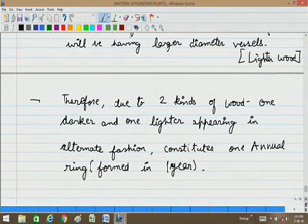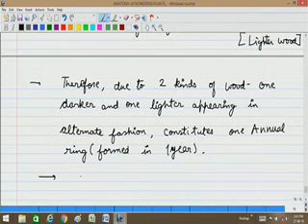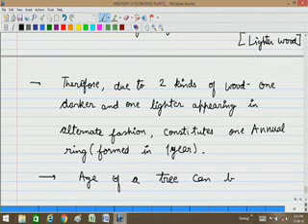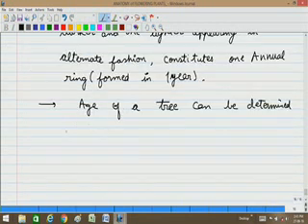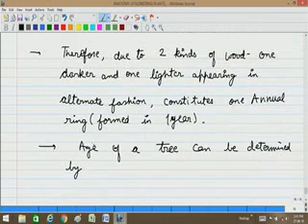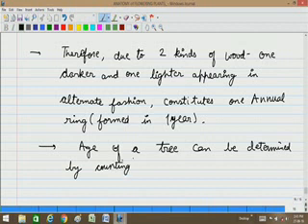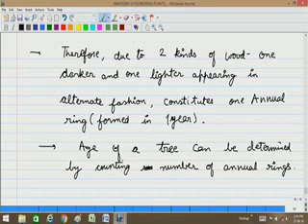So now the next point you will write: age of a tree can be determined by counting the number of annual rings. Clear?